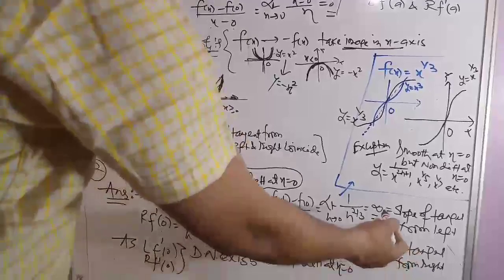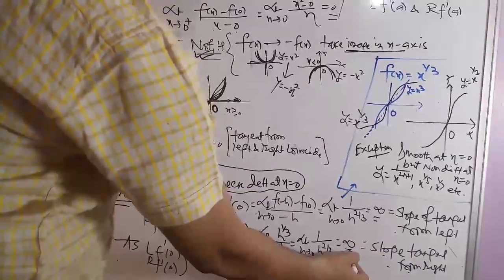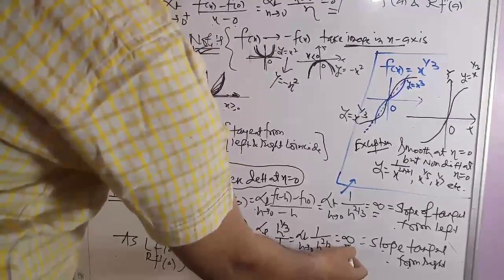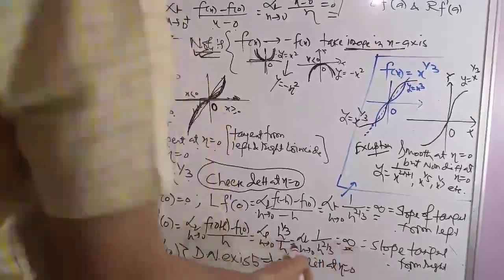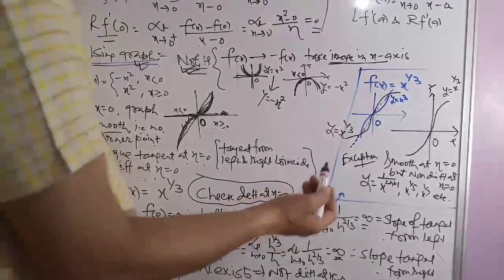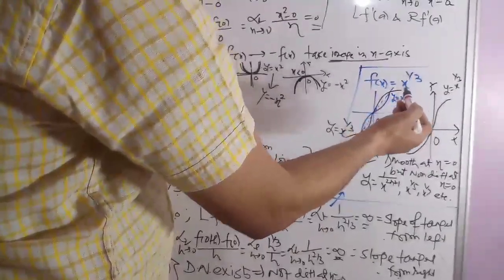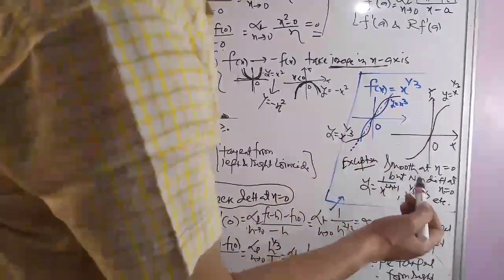Here the slope of tangent from left is plus infinity, and the slope of tangent from right is again plus infinity, and these are the case of vertical tangent. We can see it in the graph of f(x) equal to x to the power 1 by 3. Here we first draw the graph f(x) equal to x cube.